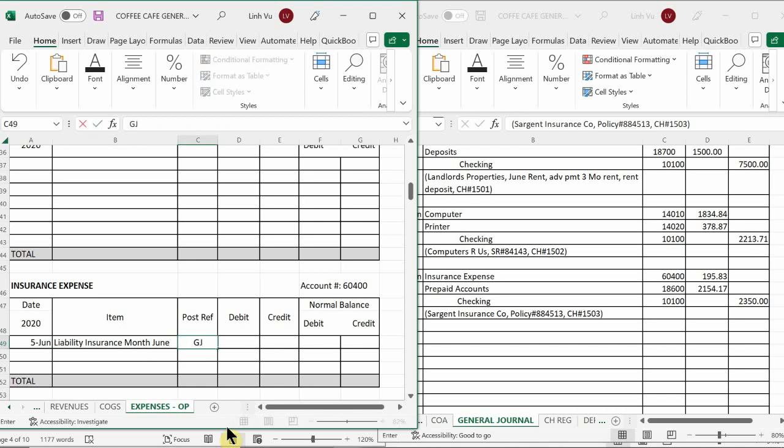We are currently still on our first general journal page here, which we said was $195.83. So therefore, $195.83 is going to be in your insurance expense account.